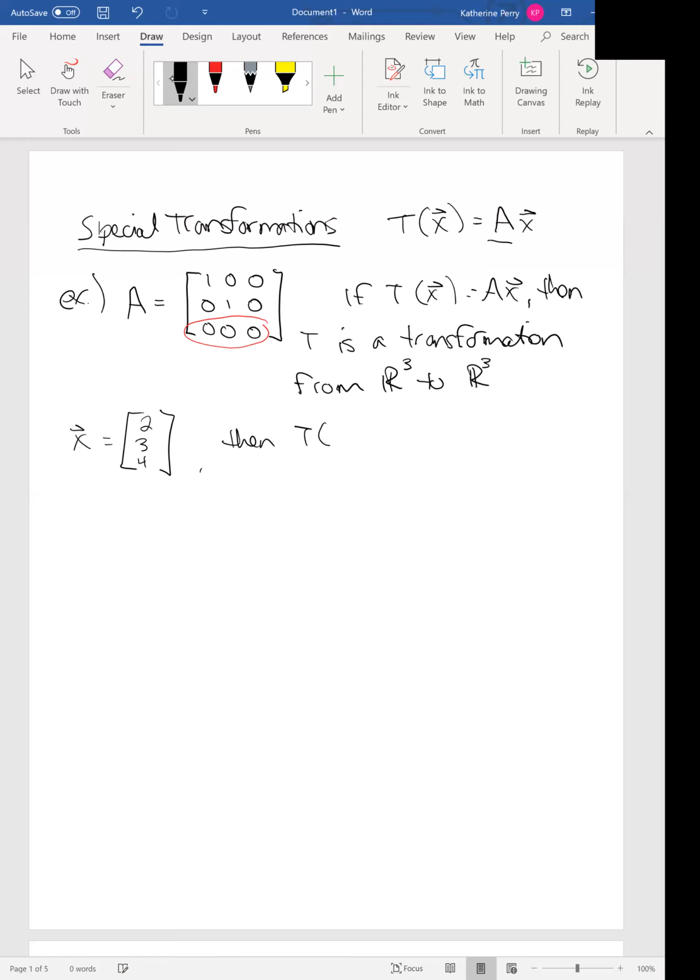Then T of x is equal to this matrix A times x, 1, 0, 0, 0, 1, 0, 0, 0, 0 times 2, 3, 4.